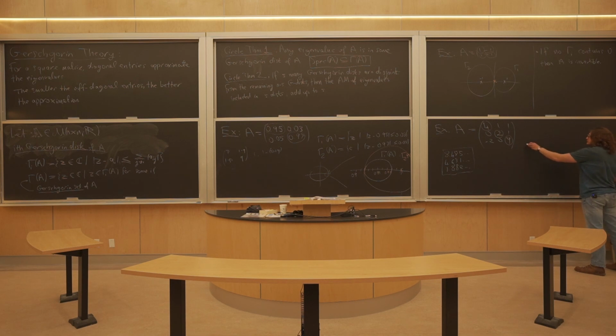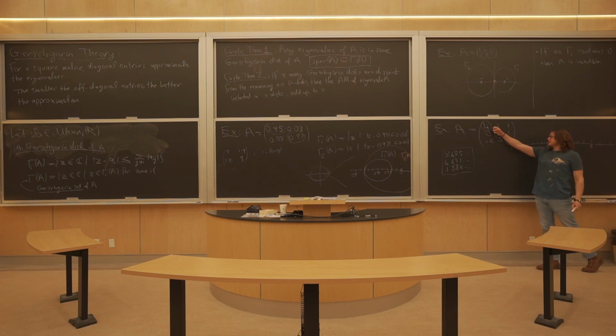So let's write it like this. So this is the real axis in the complex plane. Let's say 0, 1, 2, 3, 4, 5, 6, 7, 8, 9, 10, 11.